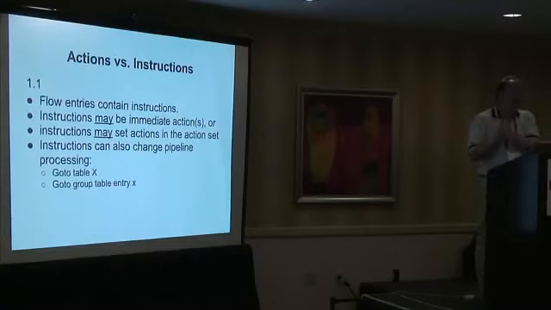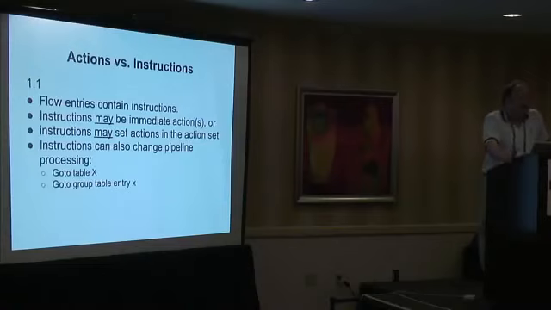These instructions can essentially populate that data structure, telling it to do things to the packet. For example, push this VLAN ID on it, rewrite the IP address, change the DiffServ code point. So you can start to keep a list of things to do.